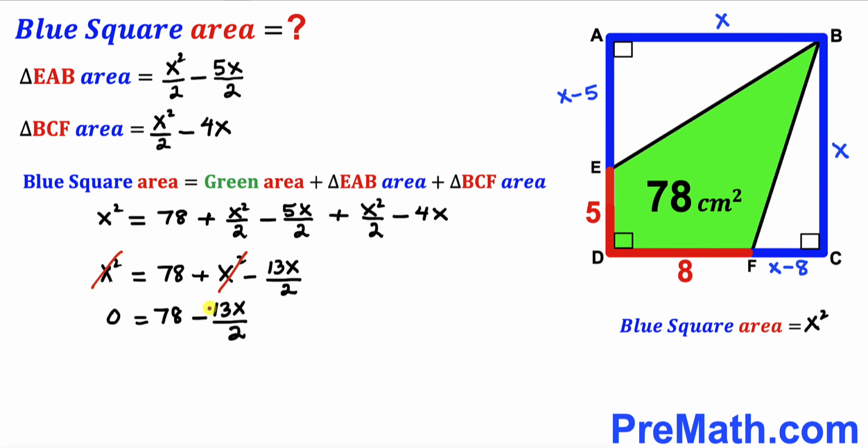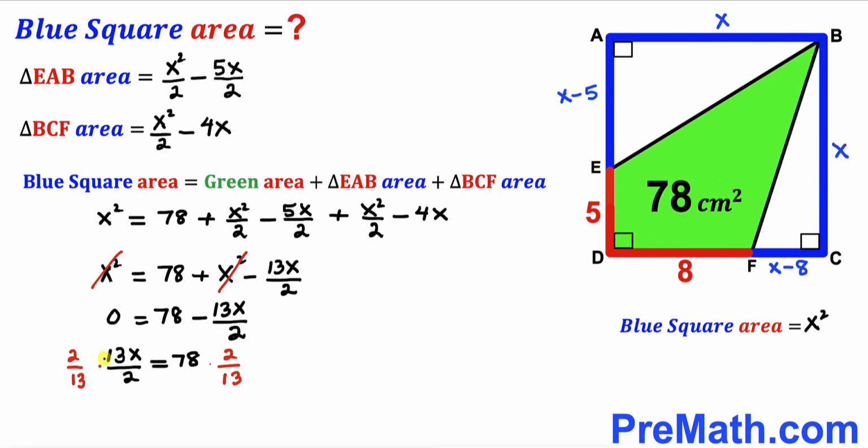Now I'm going to move this 13x divided by 2 to the other side. So we end up with 13x divided by 2 equals 78. Now I'm going to multiply the reciprocal, 2 divided by 13, on the left hand side, and likewise on the right hand side as well.